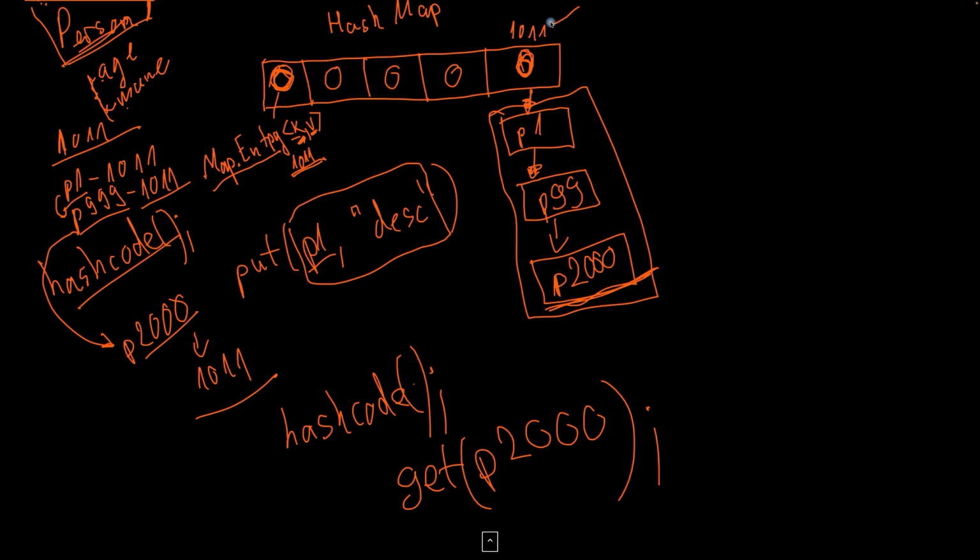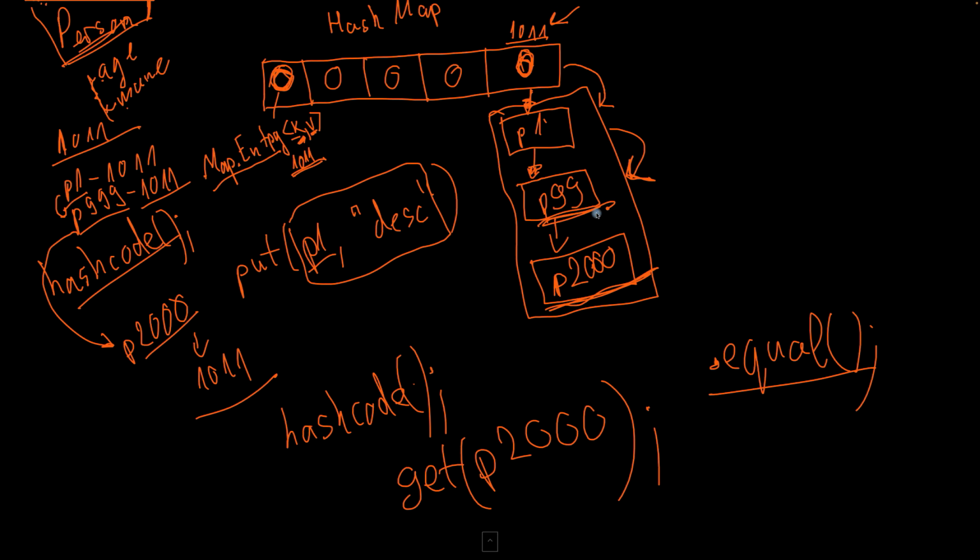We see it has this hash code, and then the equals method will be called between person 2000 and person 1 for equality. It will return false, then it will go here, iterating the linked list.